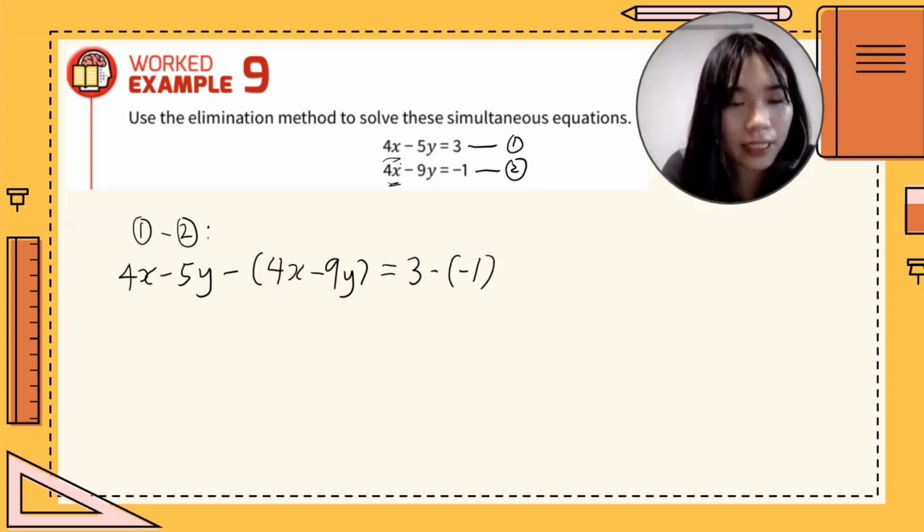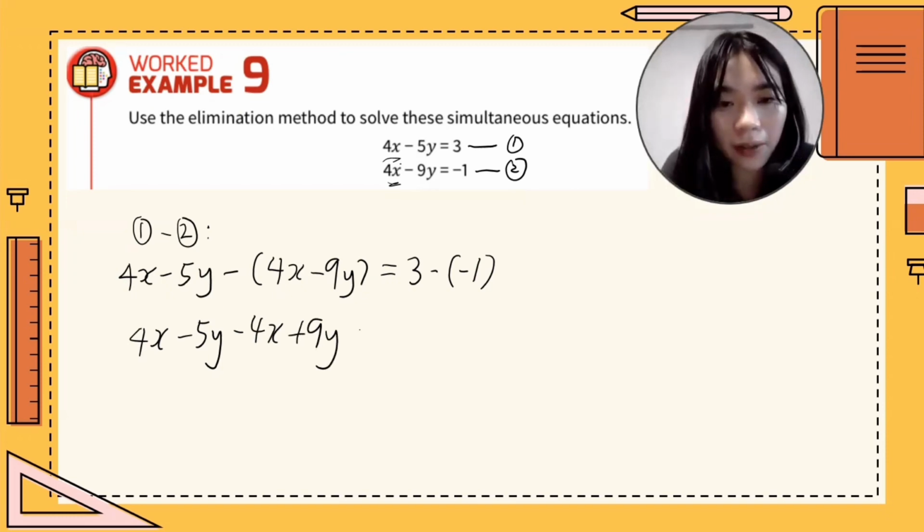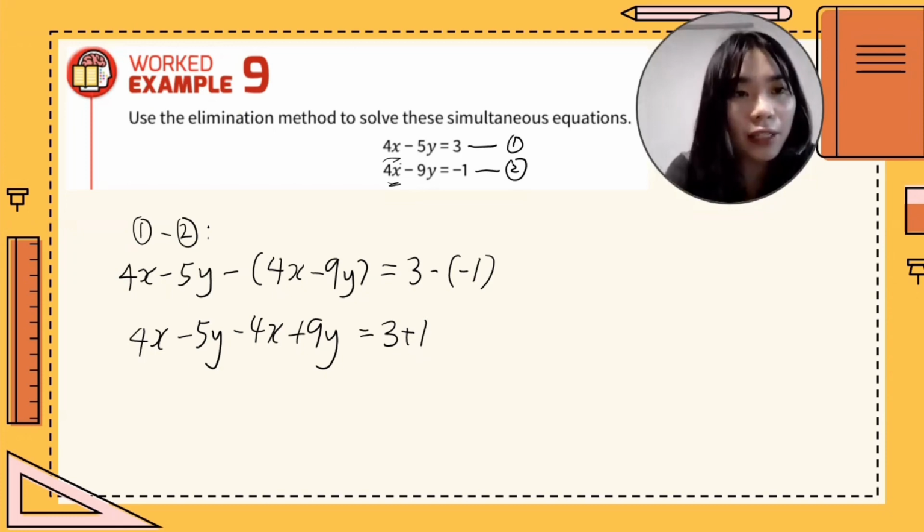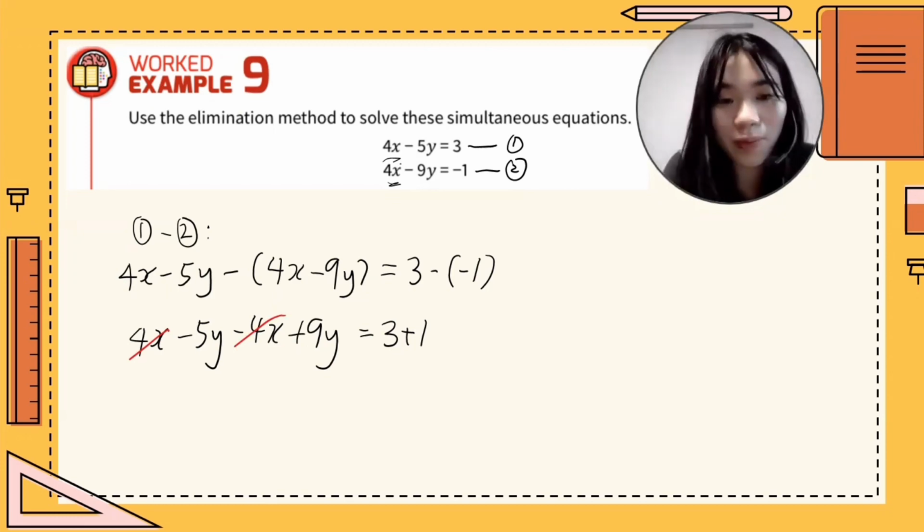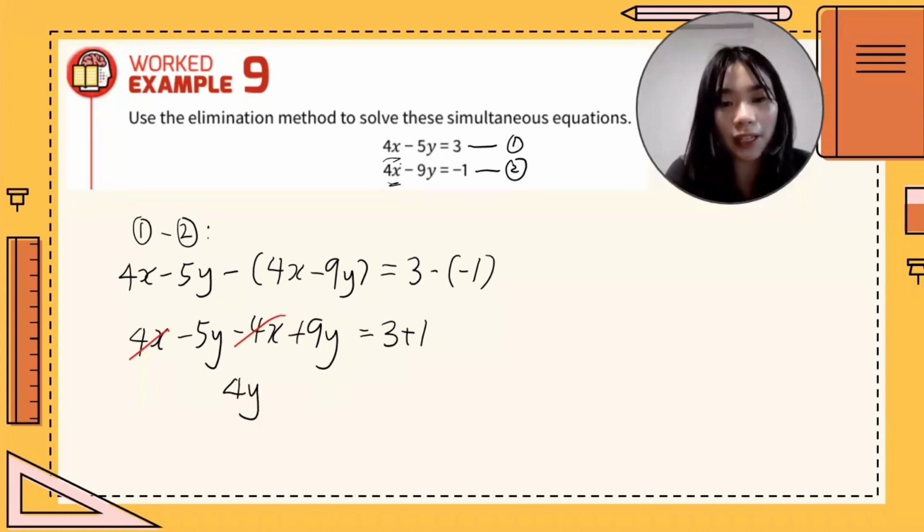Which then gives me 4x minus 5y minus 4x plus 9y equals 3 plus 1. And you will realize that the 4x can now be cancelled out, which will leave me with -5y plus 9y, which in other words is 4y, equals 4, so y equals 1, okay?